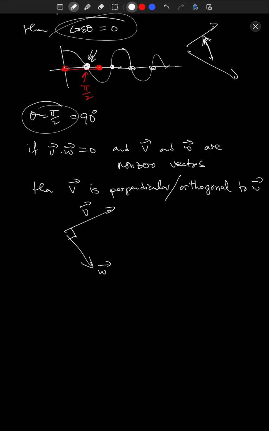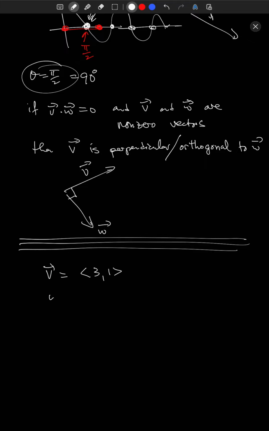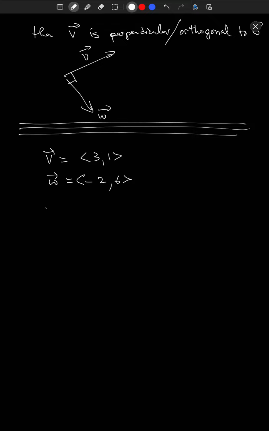All right. So this is super, super powerful because it allows us to figure out when two vectors are perpendicular without having to do much work. So if I give you v equal to (3, 1), and w equal to (-2, 6), and I ask you, is v perpendicular to w?